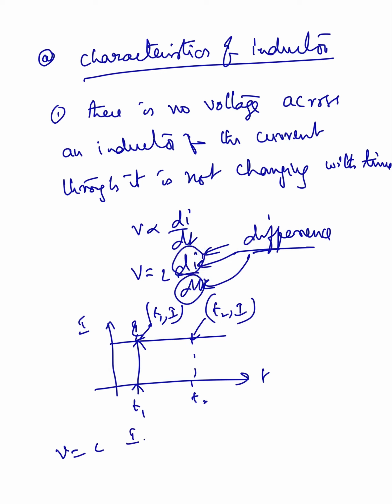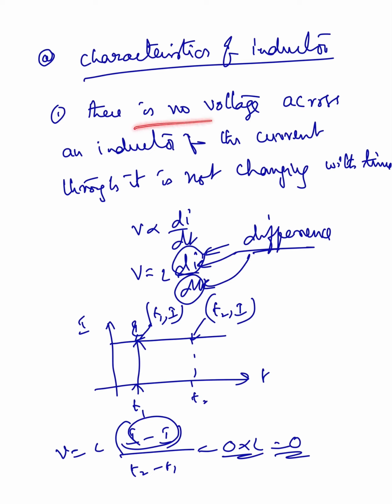What is the change in current? I minus I. This is the slope; dy by dx is tan theta. So t2 minus t1, this becomes 0, and L into 0 becomes 0. So there is no change in current with respect to time, so no voltage drop will be found across the inductor. In that case, the inductor will act as a short circuit.